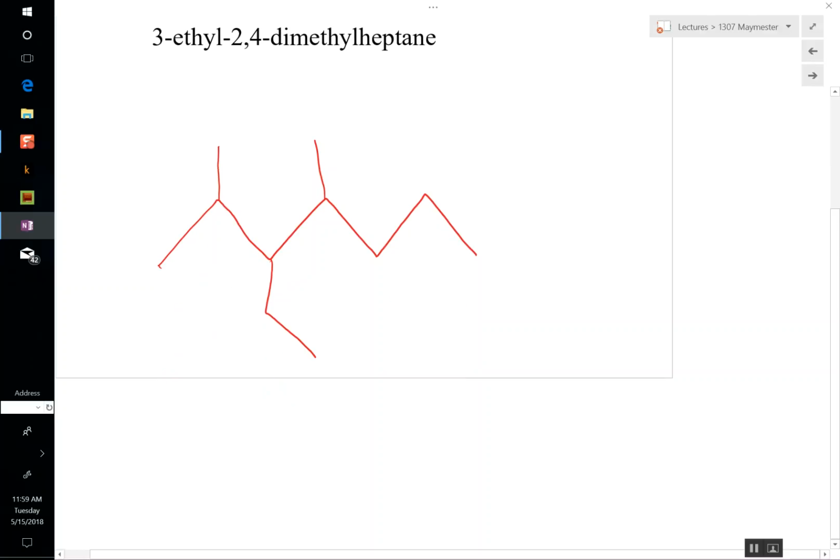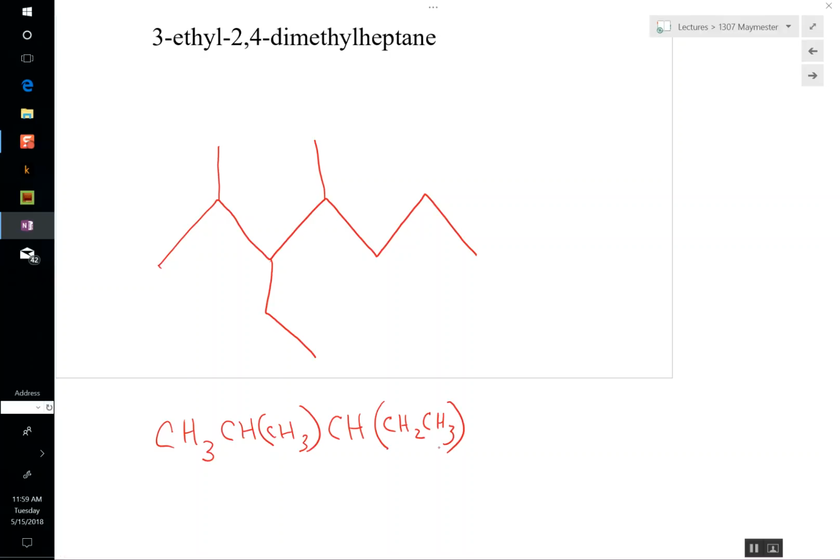And I'll just do a condensed formula. Heptane, we got a CH3, CH3, that's carbon number 2. Carbon number 3, CH, CH2CH3, that's an ethyl group. And carbon number 3. What should carbon number 4 look like?